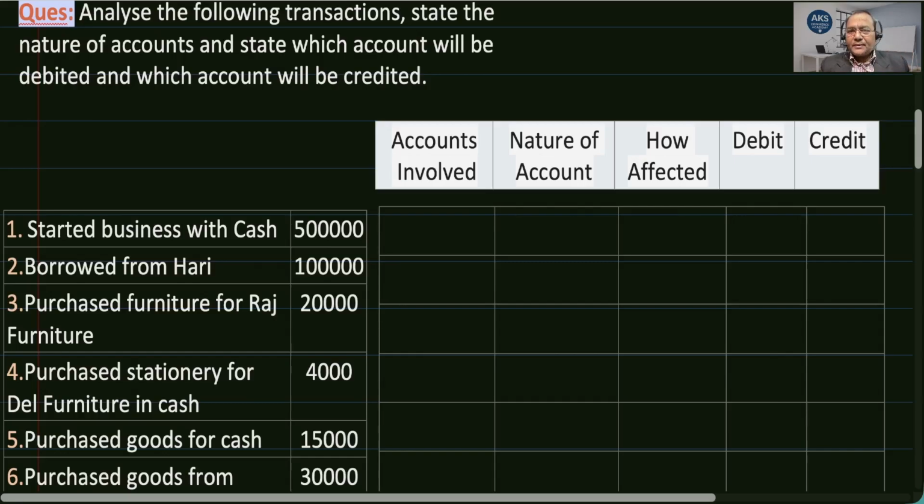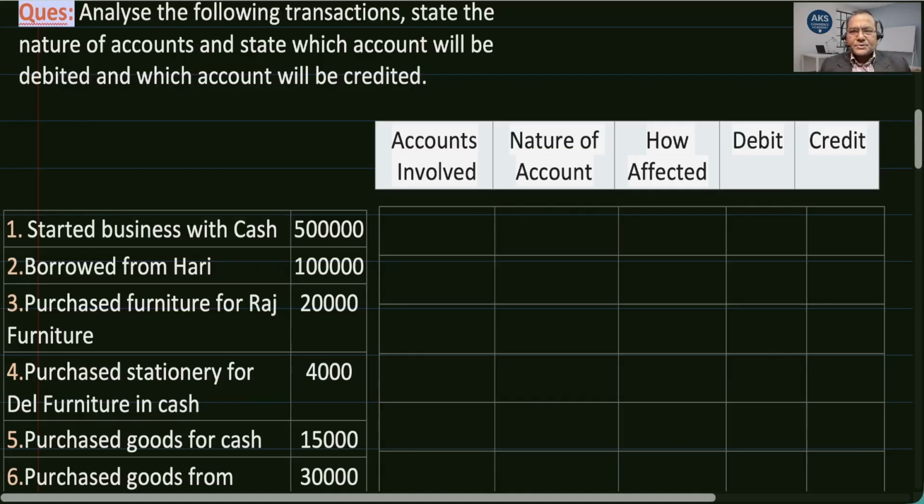And then comes the next one, debit: whether it is to be debited or credited. By working out roughly 20 transactions which I have picked up, you will be able to understand the various transactions and their resultant implications on these five heads, so that you can better apply this learning in the subsequent chapters when you start working on journal. So let's pay attention to this.